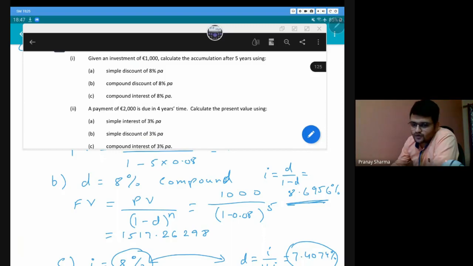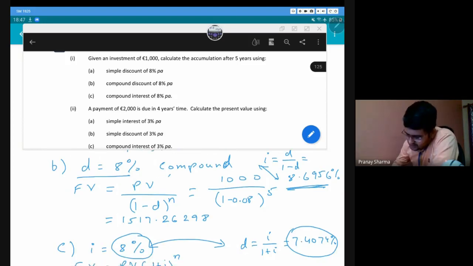So again, what is an equivalent rate? We are saying that for these two rates of interest, we should get the same cash flow. So our cash flow is what? If I invest this much present value, the investment was 1000 rupees, I should get the same future value. So I'll do that for 8.6956%.